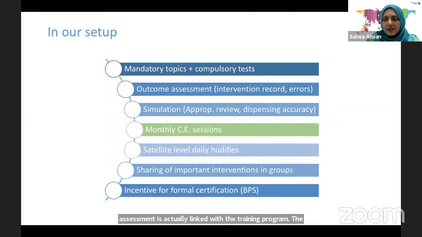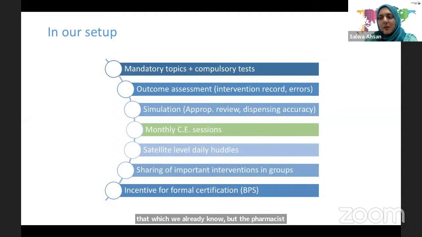We offer simulation, something we started almost 6-7 months back. This has really helped us improve the quality of interventions and prescription review and the prevention of medication errors while dispensing. We have developed real life examples of prescriptions and medications, and we put in some errors that we already know about, but the pharmacist going through that scenario doesn't know.